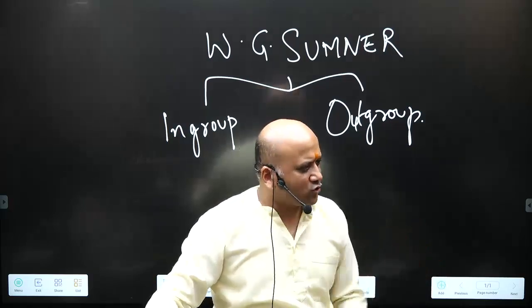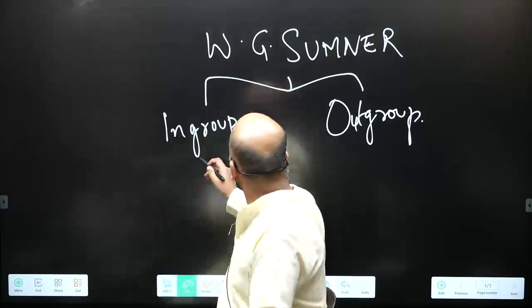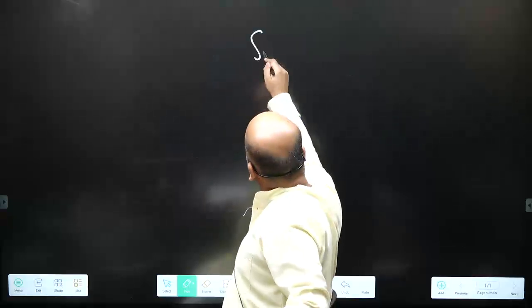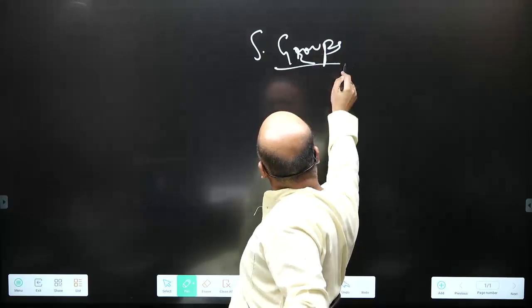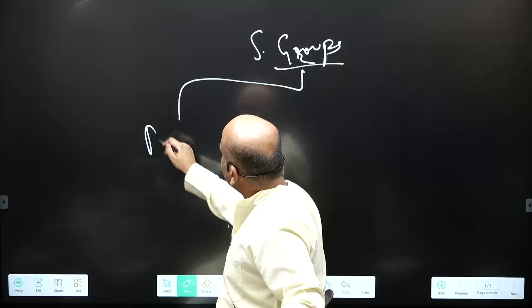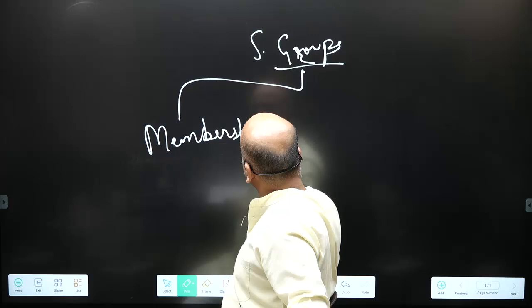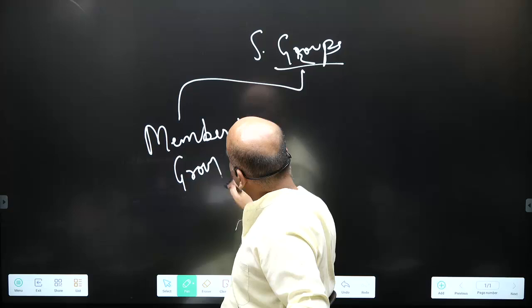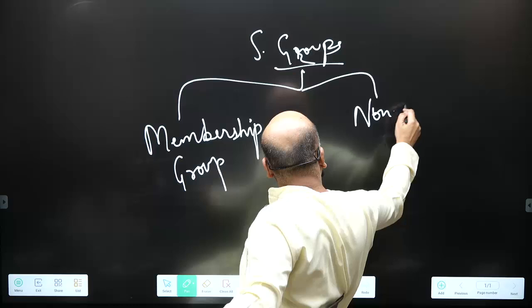Another classification of social groups is, social groups can also be classified as membership groups and, wonderful, non-membership groups.